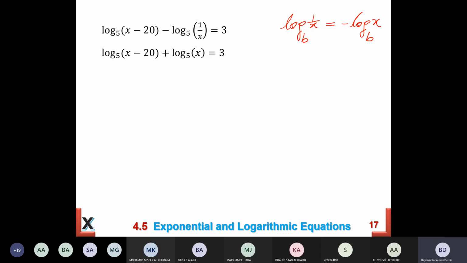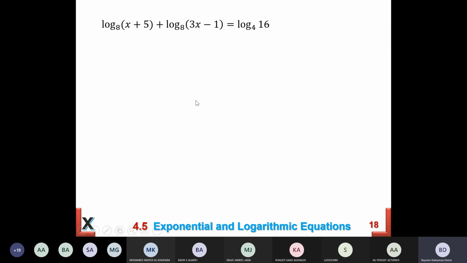So we get logarithm of 5x minus logarithm of x minus 20 with base 5 plus logarithm of x with base 5 equals 3. Of course, a sum of logarithms is the logarithm of the multiplication, right? We need to multiply the arguments. So x times x minus 20 will be x squared minus 20x equals 3.